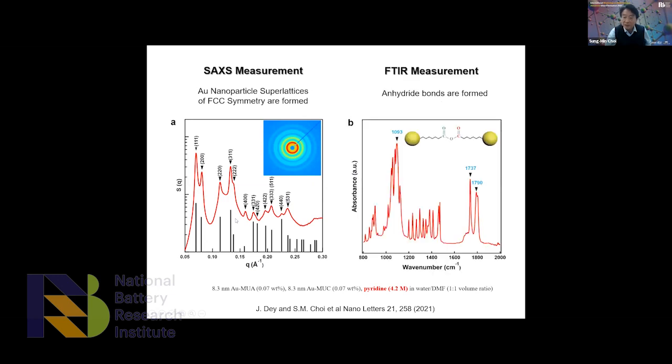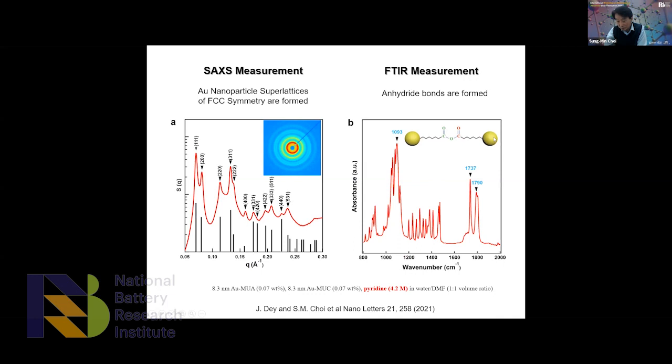Also, by using FTIR, we confirmed that anhydride bonds are actually formed in this superlattice structure. So this scattering pattern shows very nice gold nanoparticle superlattices.